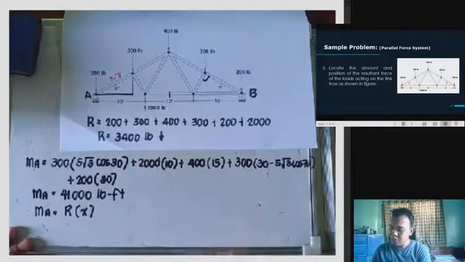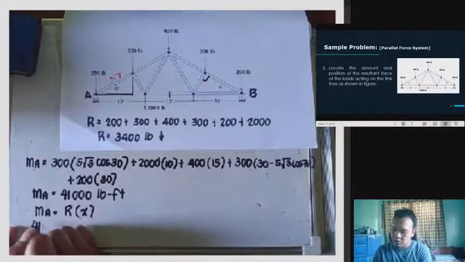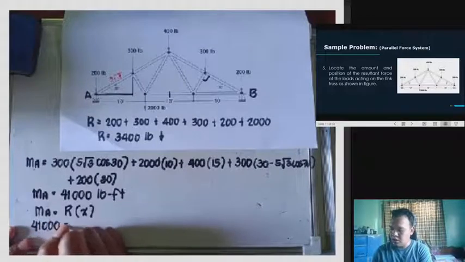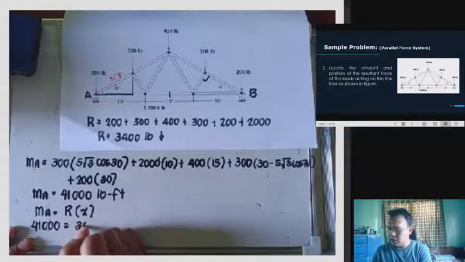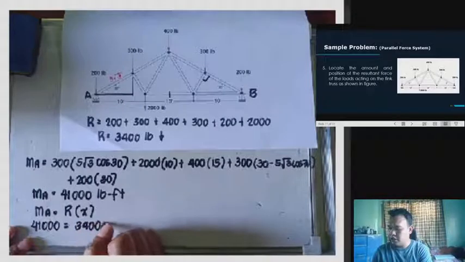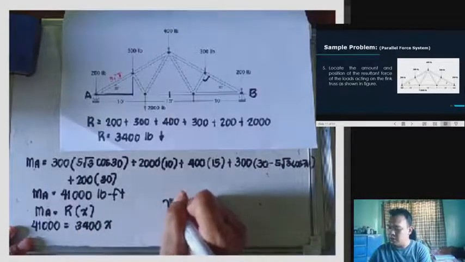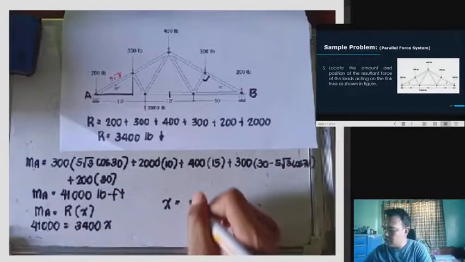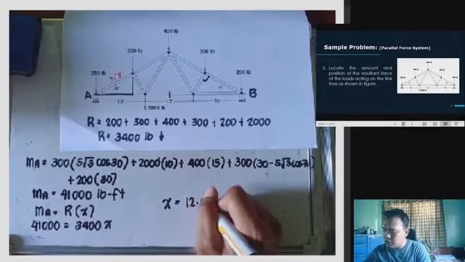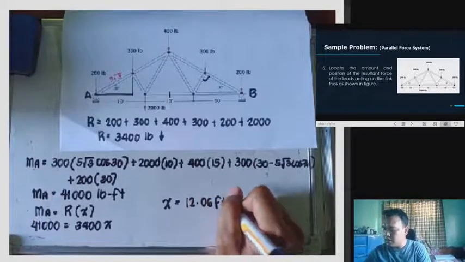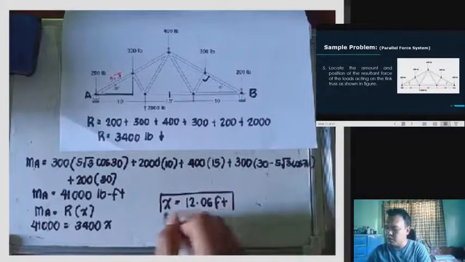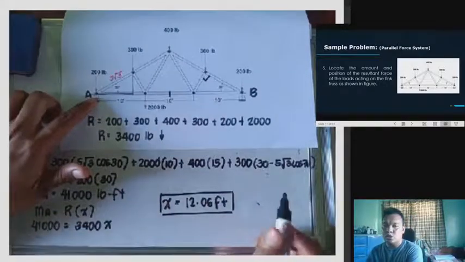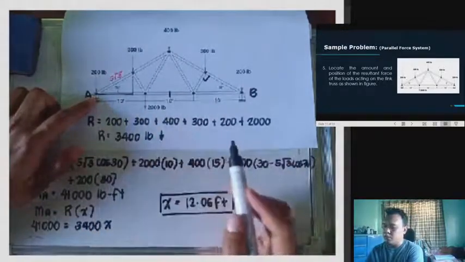So we have here 41,000 is equal to 3,400 x. Therefore, the value of x is equivalent to 41,000 divided by 3,400, 12.06 feet. Ibig sabihin, from this point A, magbibilang ka lang ng 12.06 feet.